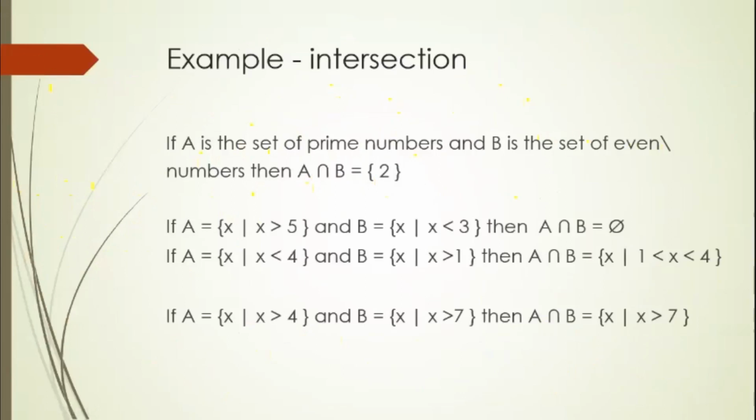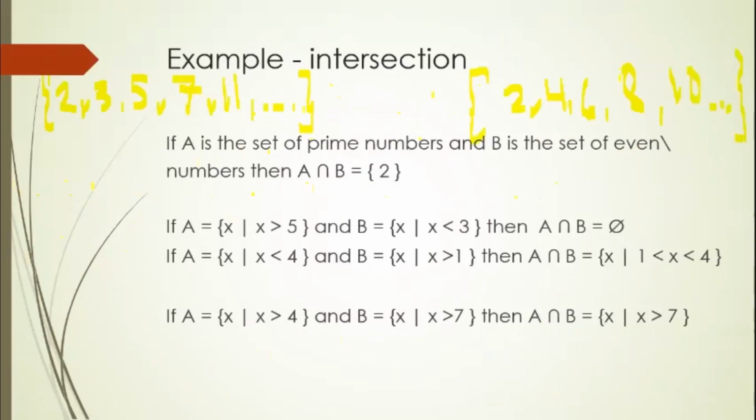Let us write the prime numbers, which start with 2, 3, 5, 7, 11, and so on. And for the set of even numbers, it starts with 2, 4, 6, 8, 10, up to infinity. So what is common to both? Obviously, it's the number 2. That's why the intersection of A and B is equal to 2.